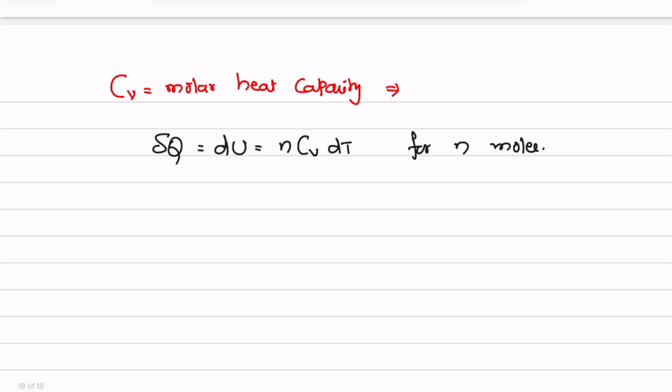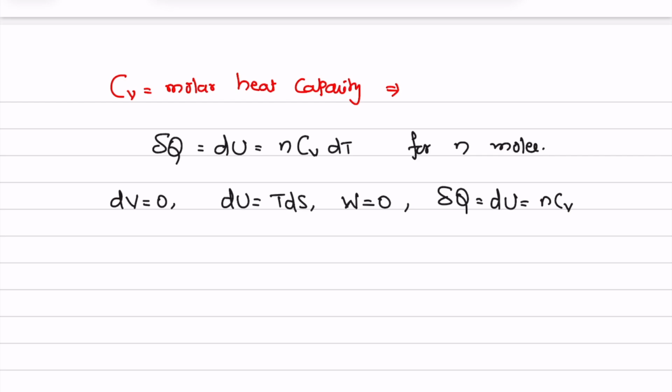That means here dV is equal to 0, dU is equal to TdS. What we have got here? Work done is equal to 0 because dV is 0, and heat delta Q is equal to dU, because that is change in internal energy, work done is 0, n into Cv into dT.